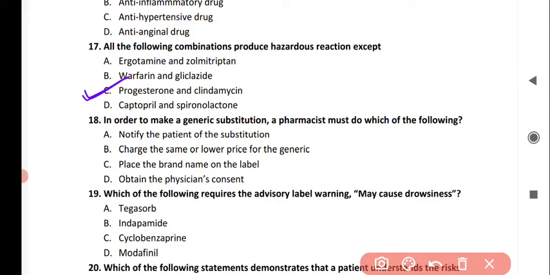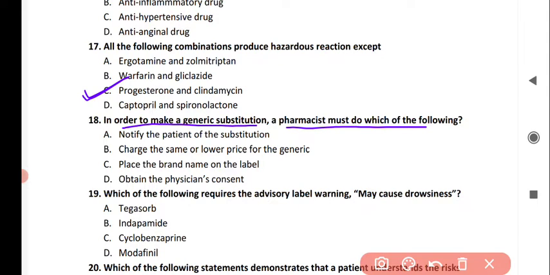The next question is, in order to make a generic substitution, a pharmacist must do which of the following? If a pharmacist has to make a generic substitution for the prescribed drug, we have to tell what condition is to be followed.